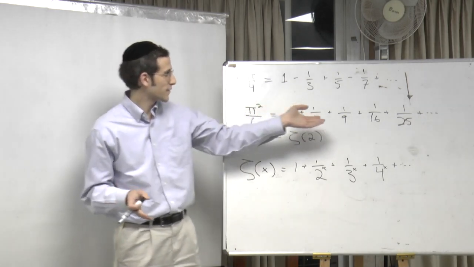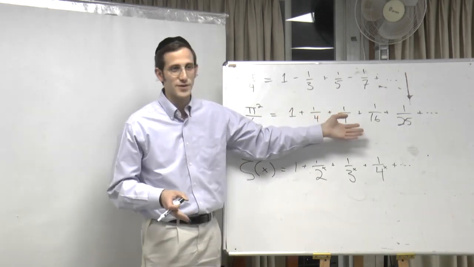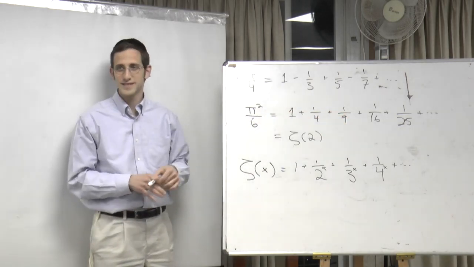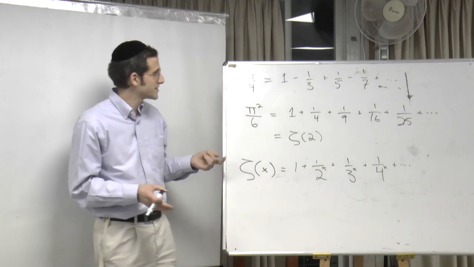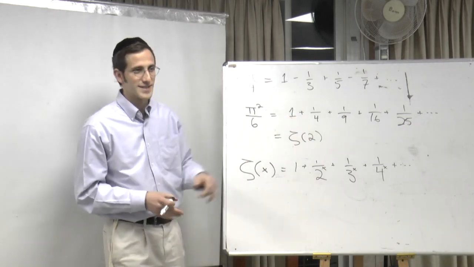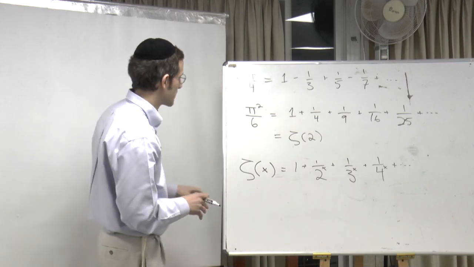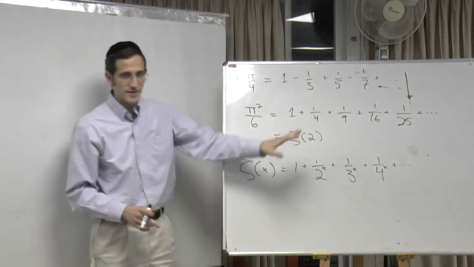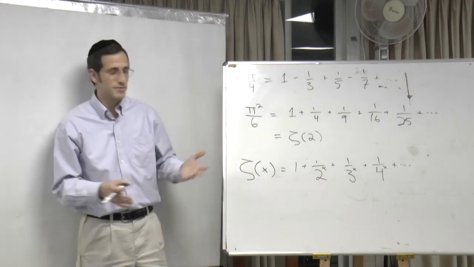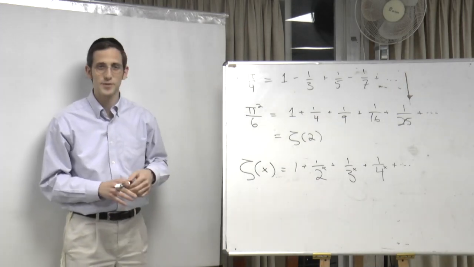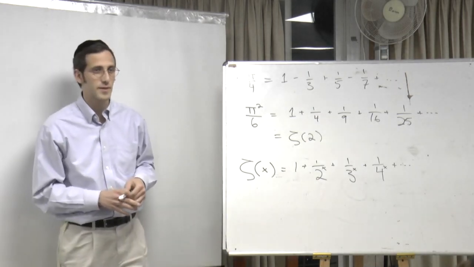But if you're looking for a sum which it's very easy to show converges to something, but it's very mysterious what that something is, I came up with this one as the easiest one to write down. So you take these kind of random sequences, and oftentimes they converge to something that has to do with pi.